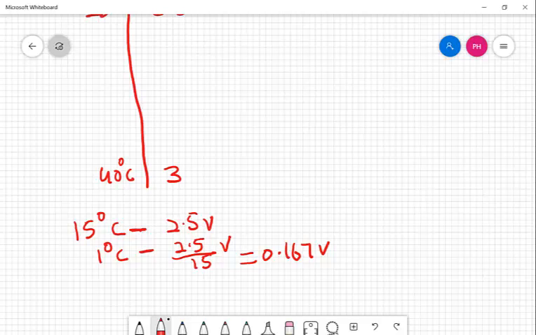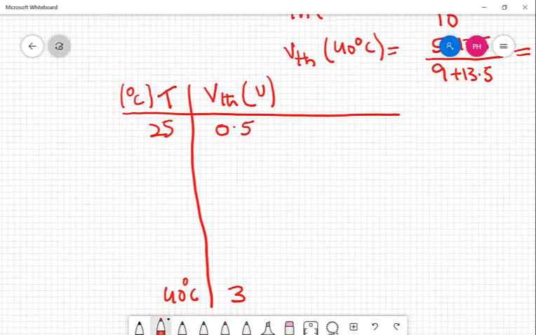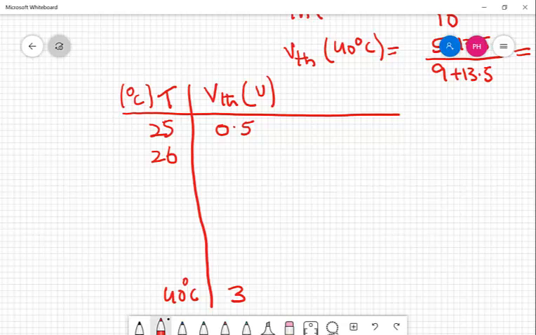So basically I can write, at 26 degrees Celsius, what will be the VTH? VTH will be 0.5 plus 0.167. At 27 degrees Celsius, VTH will be 0.5 plus twice 0.167.